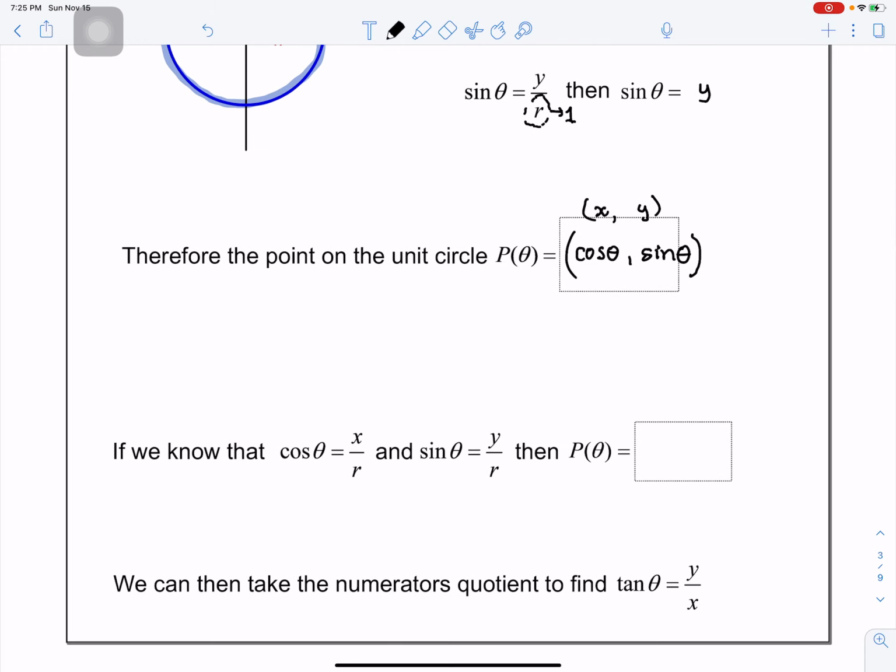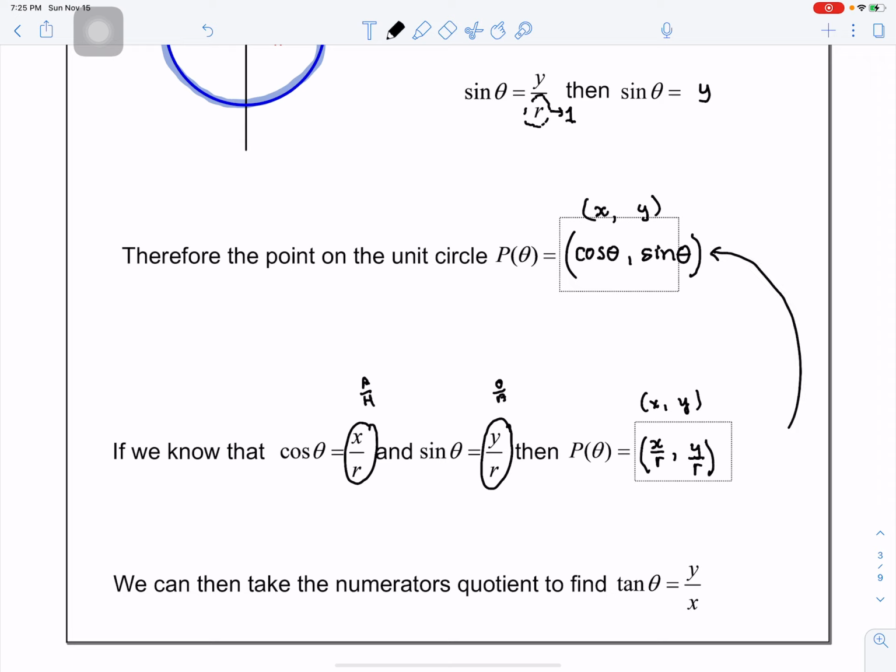Now, if I have cosine theta equals x over r and sine theta equals y over r, just those ratios, opposite over hypotenuse for sine, adjacent over hypotenuse for cosine. If I'm just writing my normal x, y coordinates, then this would be x over r and y over r. So you can think of it either as cos of theta, sine of theta, or x over r, y over r.